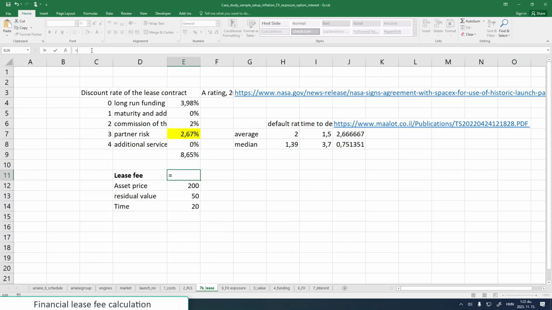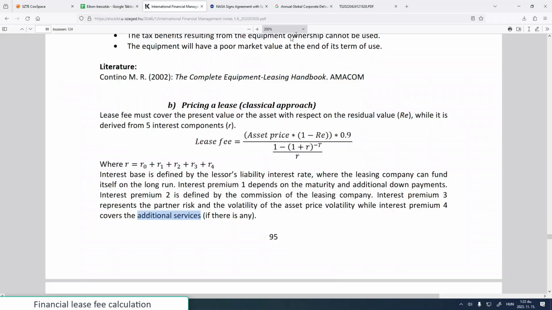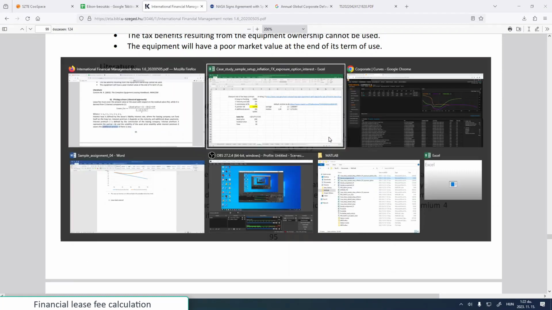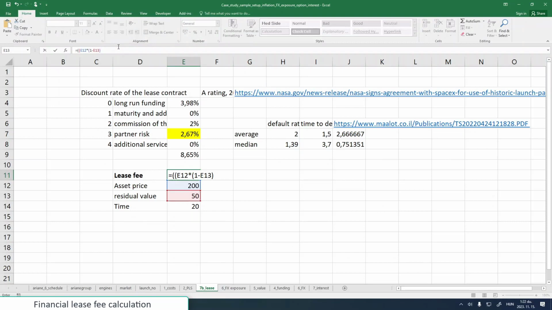Okay, we start with two brackets, asset price multiplied by 1 minus residual value. In this case, this should be a percentage, so we will compensate for it.